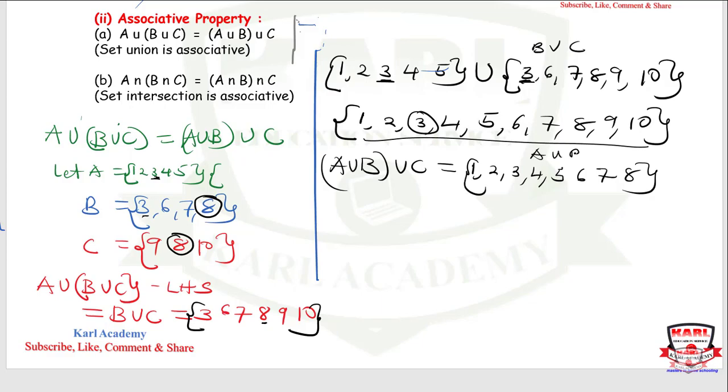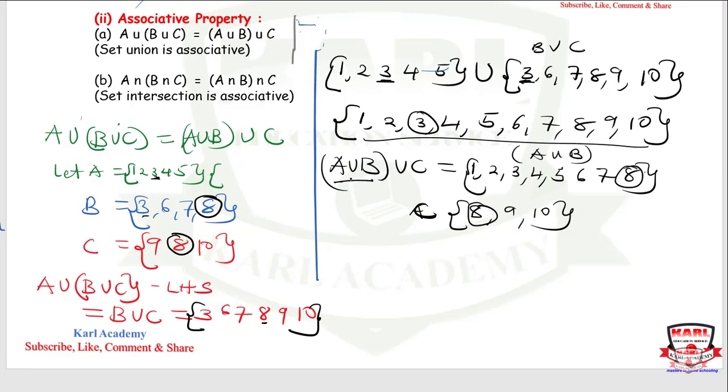This is now A union B. Then our C is 8, 9, 10. I've just arranged it. Only 8 is repetitive here and here, so we only pick one of it.